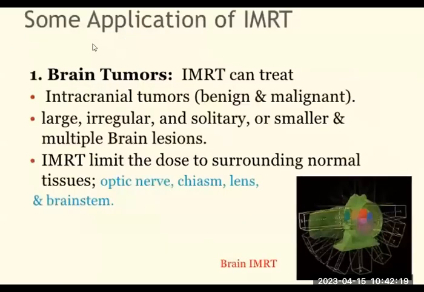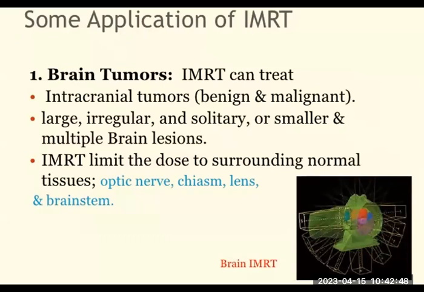Some of the applications of IMRT. A very important application is brain tumors. IMRT can treat intracranial tumors, the most critical ones being malignant and benign. They can be larger, irregular and solitary, and sometimes they are small, and you can even find multiple brain lesions.